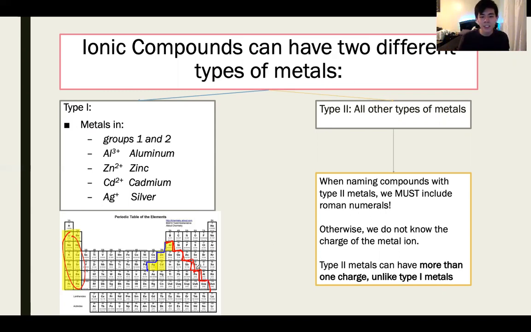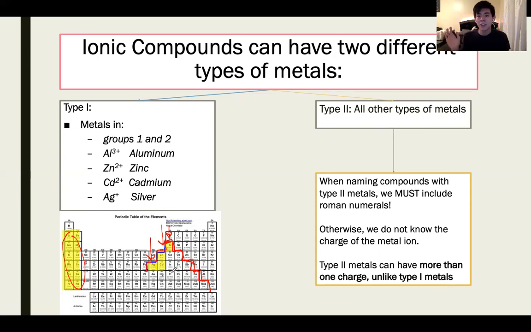But basically, if you draw a staircase this way, and then you draw another staircase going the opposite direction, so going to the left like this, the ones underneath the first 3 steps, so right here, here, and here, are all of the type 1 metals that have the distinct charge to them. And then when we're talking about type 2 metals, they're basically all other types of metals.